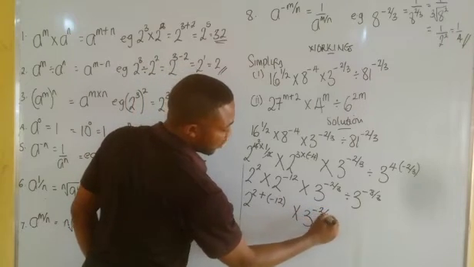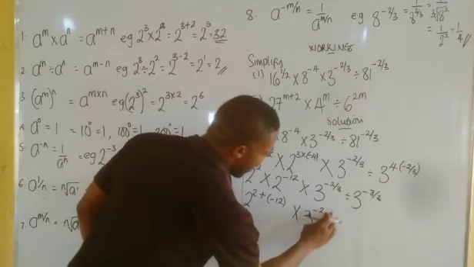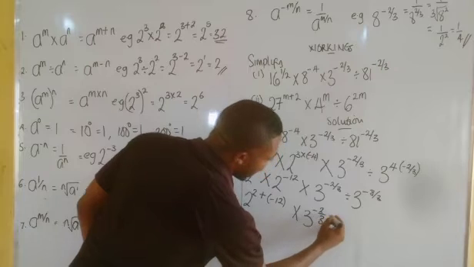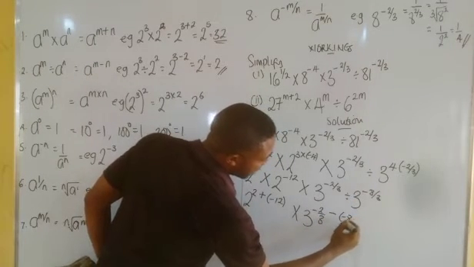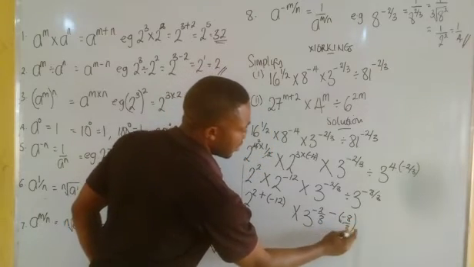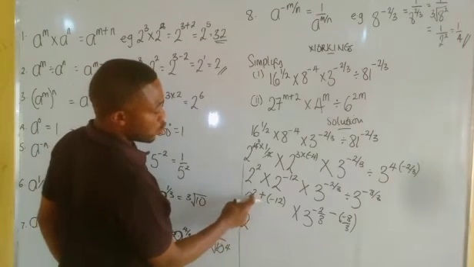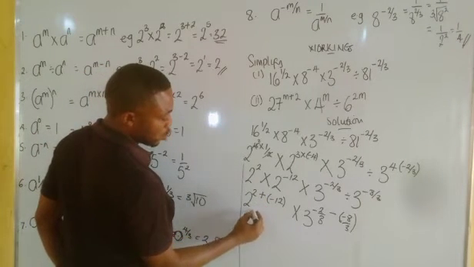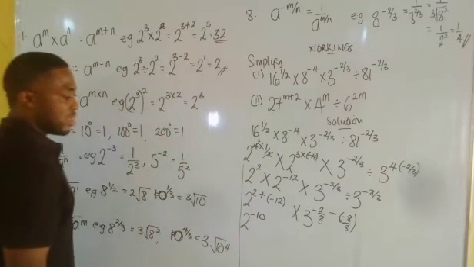So minus 2 over 3, remember the second law, division when the bases are the same. So we have minus 2 over 3 minus 8 over 3. That's the index. So I will have 2 raised to power 2 plus times minus is minus, so 2 minus 12 will give us minus 10.